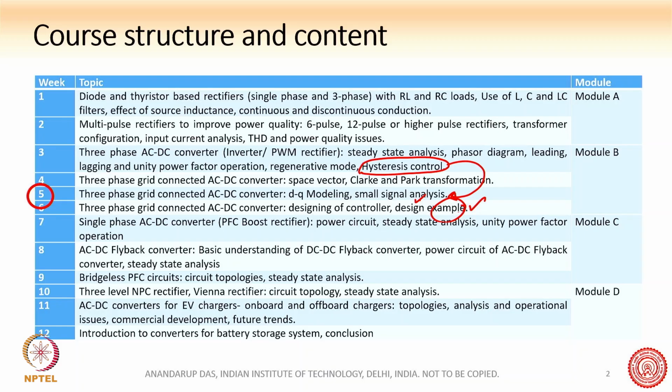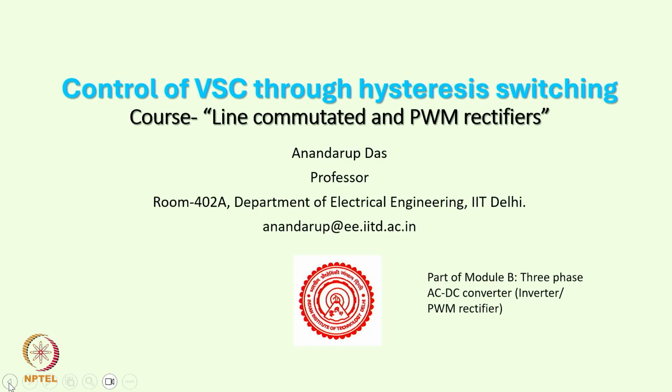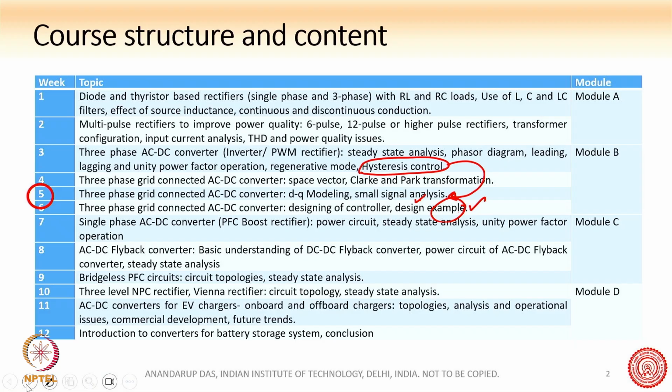So after we have done the DQ modeling and small signal analysis, this hysteresis will come in. So this is something for the TA. Now let me go back and start from the beginning once more. Just hold on.